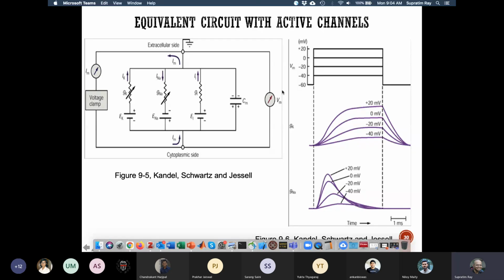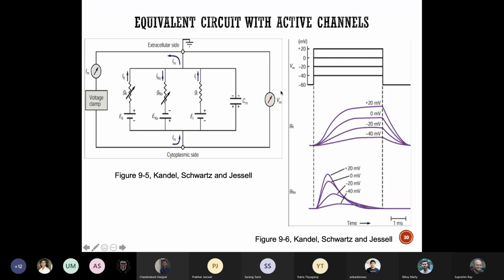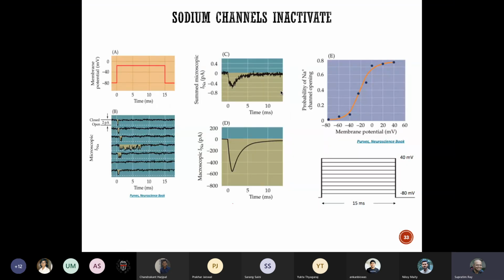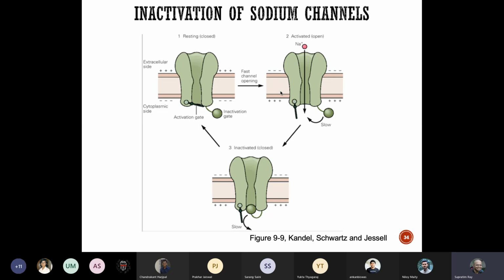This is the part that I skipped, where it shows the same thing at the level of a particular ion channel. But anyway, the macroscopic and microscopic stories are similar, so there's not much there.